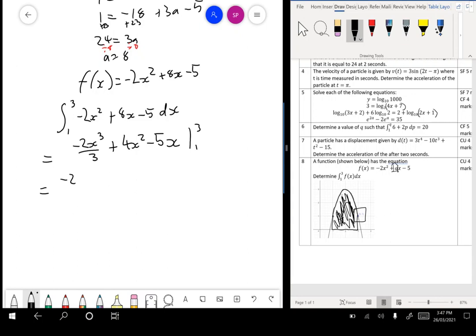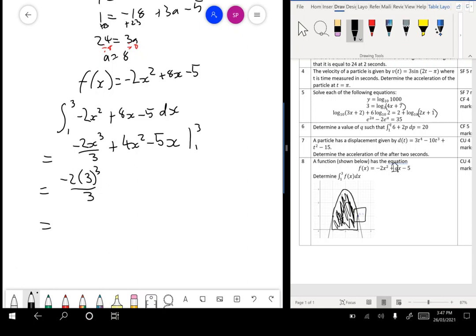Equals negative 2, and we're subbing in 3 cubed on 3. I'm actually going to do these one by one as I go, just because I find that a bit easier. 3 cubed divided by 3, one of those 3s essentially cancels.